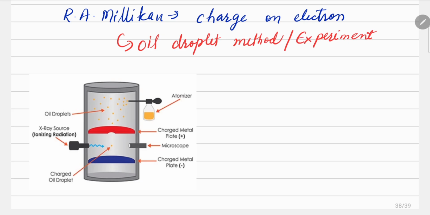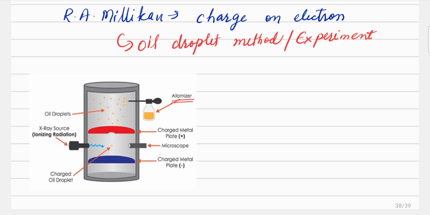So this is the general structure of R.A. Millikan's oil droplet method. What he did, he took a container, and it was a metal container, so you should remember. And he took an atomizer. Atomizers are basically like the perfume bottles or deodorant bottles you use nowadays.